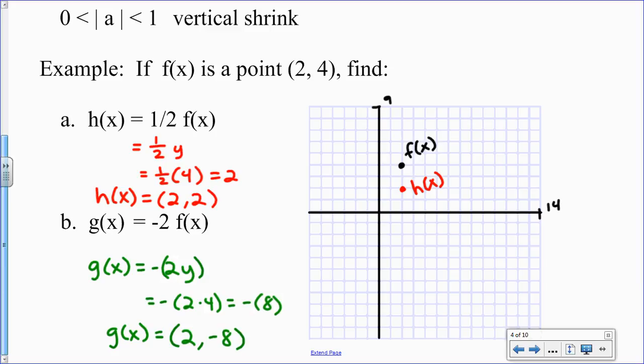There's 2, 3, 4, 5, 8. That's the point 2, negative 8. So I can tell here was f of x. This was a stretch. F of x grew twice as long and reflected.